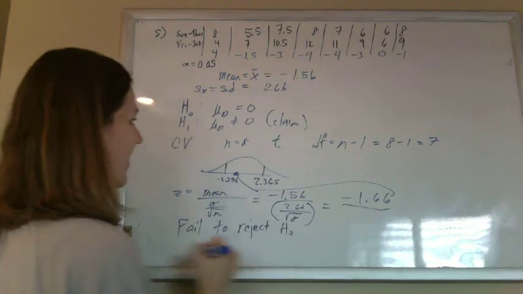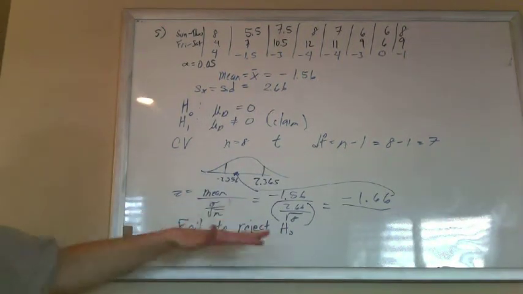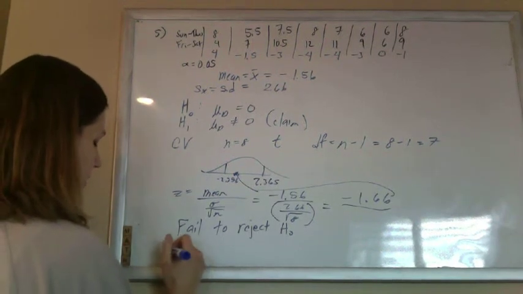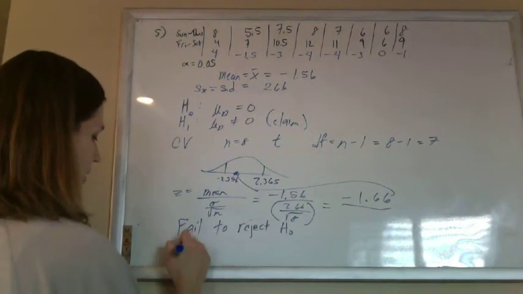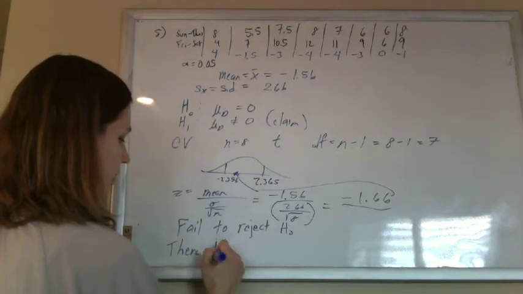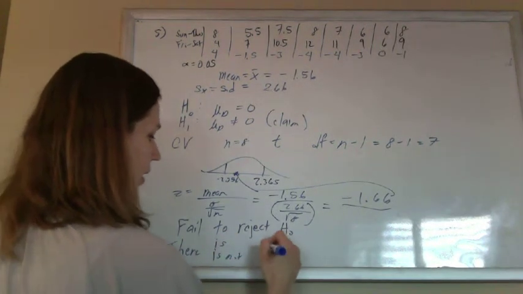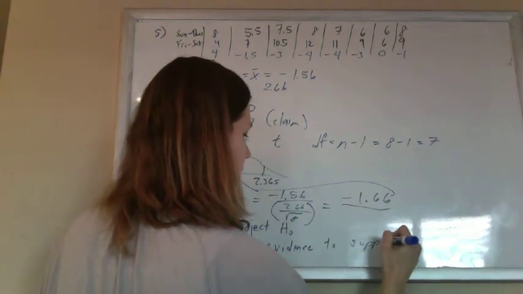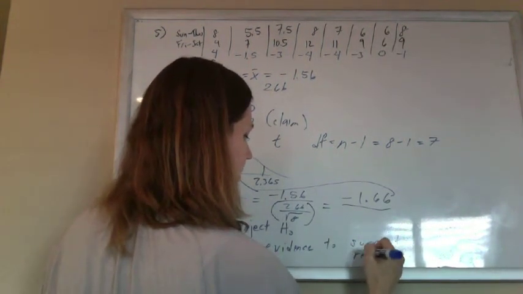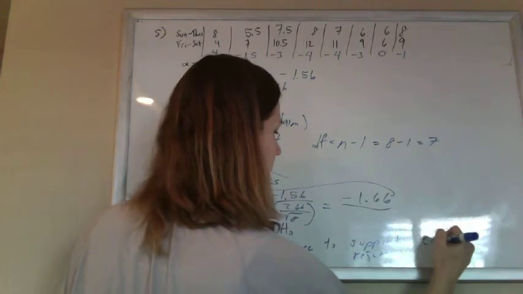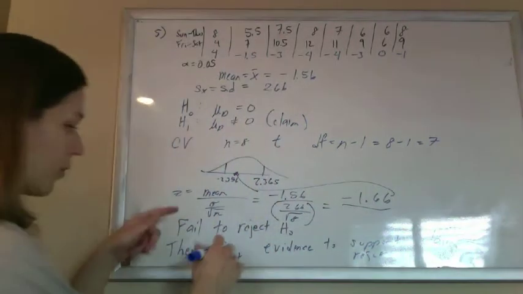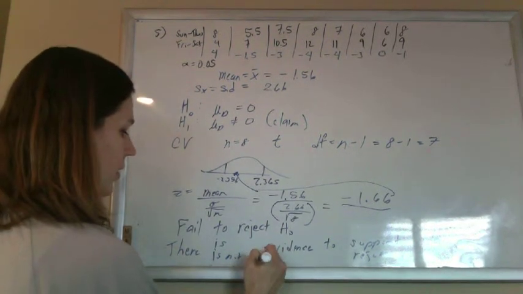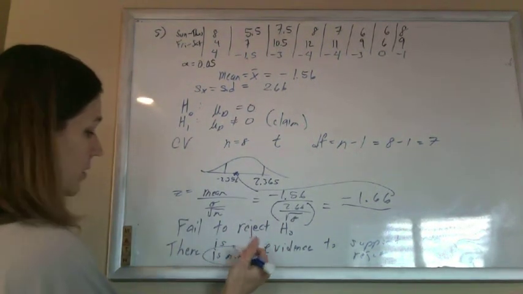Write it down. If you want to just use the sentence, you're going to choose either there is or is not evidence to support or reject the claim, right? So if we fail to reject, that's the is not.